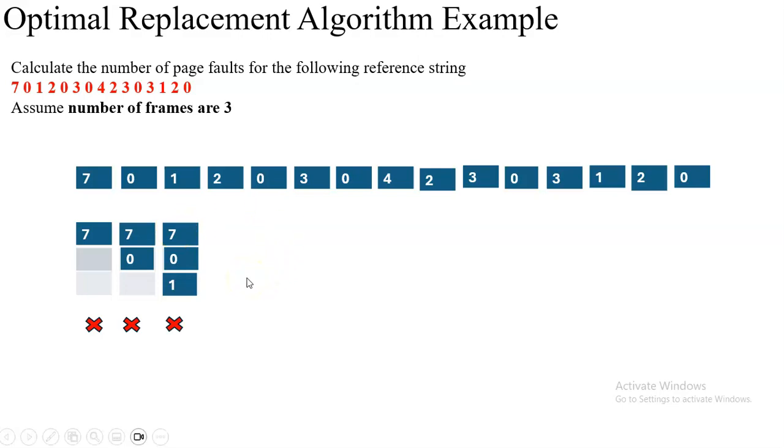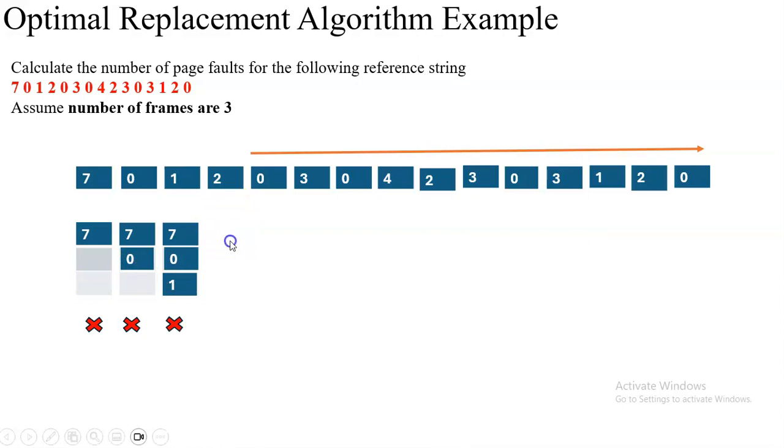How do we do that? We have to check the reference string in the forward direction and find which page, out of the pages already present in the frames, will not be used for the longest period of time.